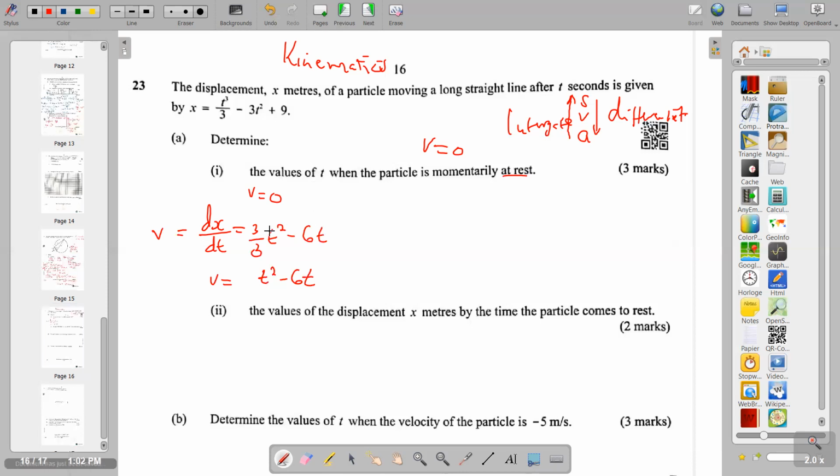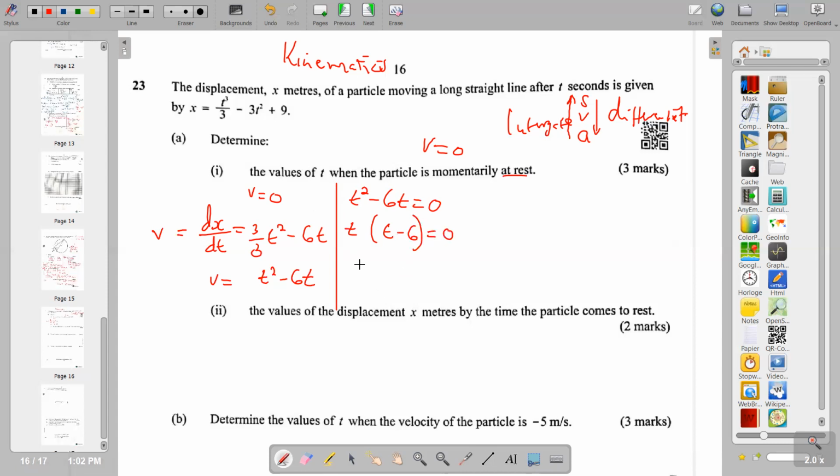Now, the value of t when V is equal to 0: you substitute 0 where you have V. You have t squared minus 6t is equal to 0. Of course, t is common, so put t outside the bracket: t times (t minus 6) is equal to 0.